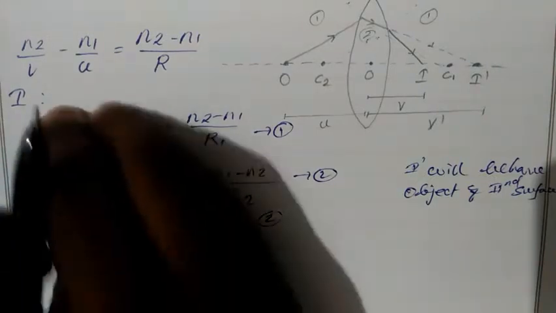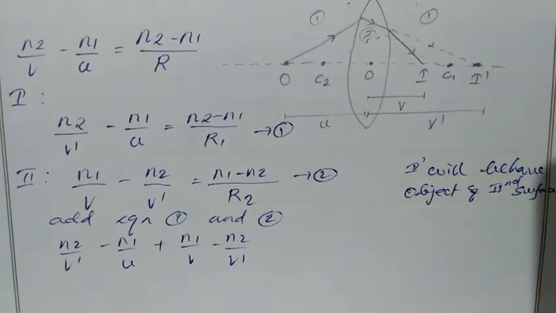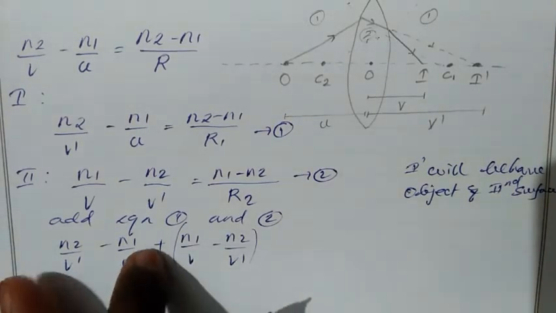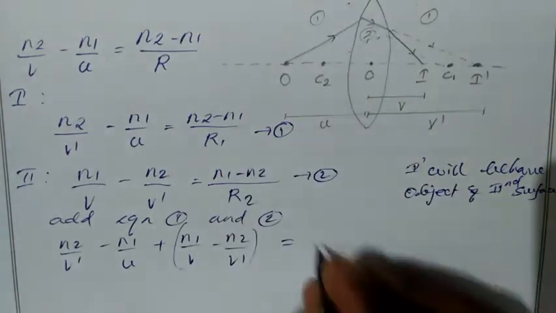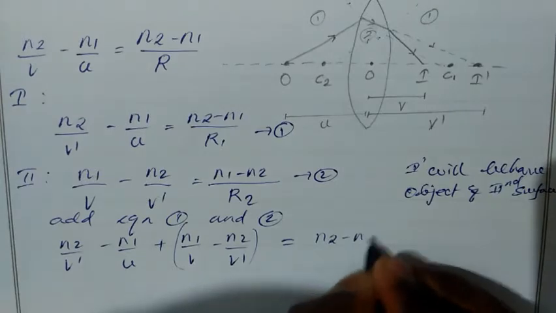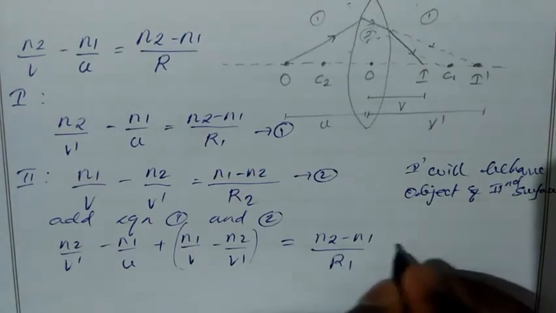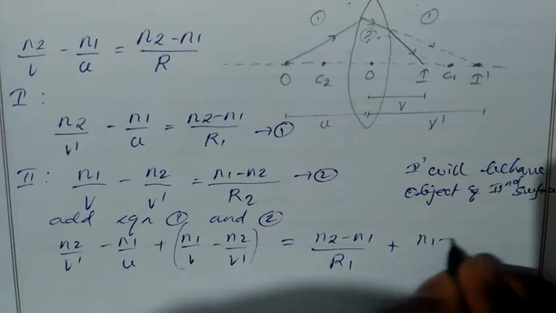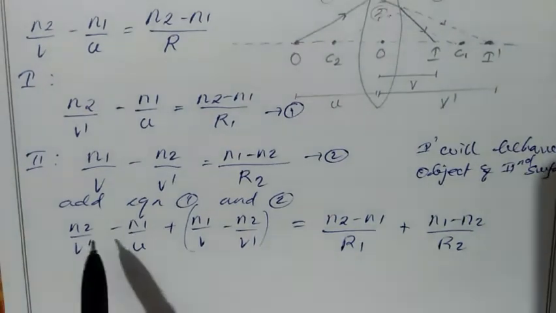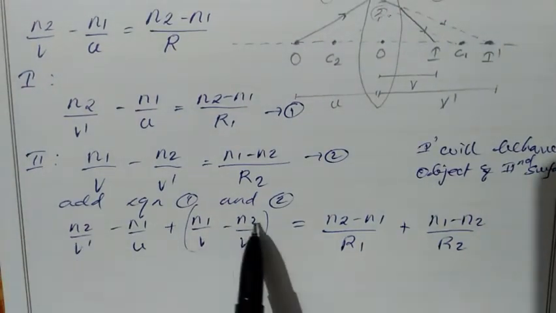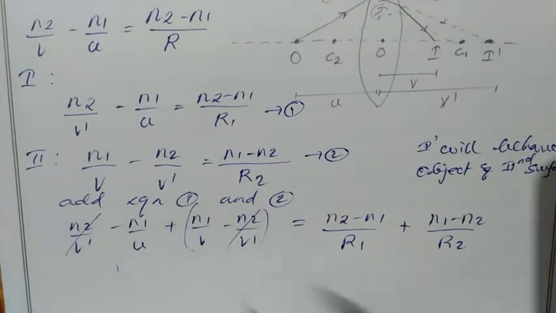I have to add all the left hand side equations. So this left hand side plus the other left hand side equals, now the right hand side, n2 minus n1 divided by r1 plus n1 minus n2 divided by r2. Okay, so here I have n2 by v dash, here I have minus n2 by v dash, so these two get cancelled.